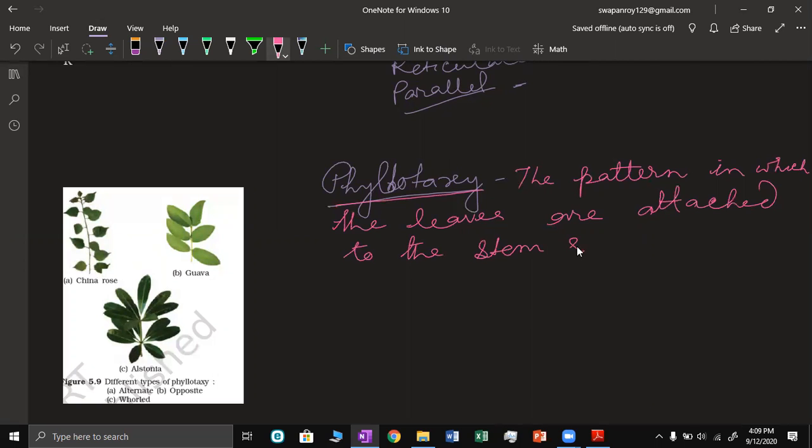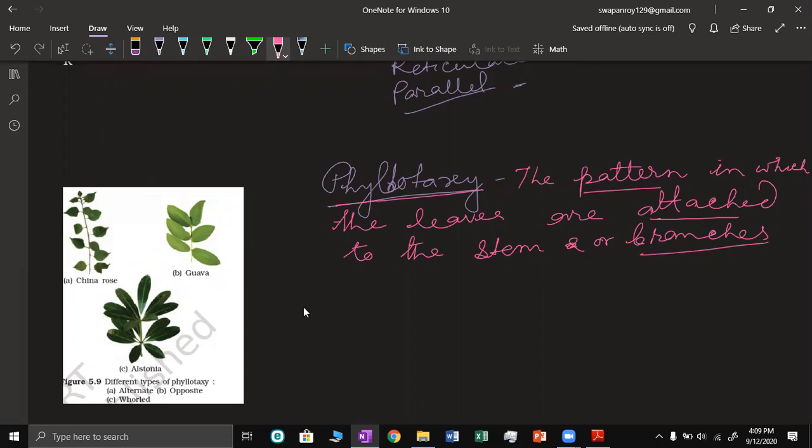This is the way in which it is attached, the way it appears on the stem.